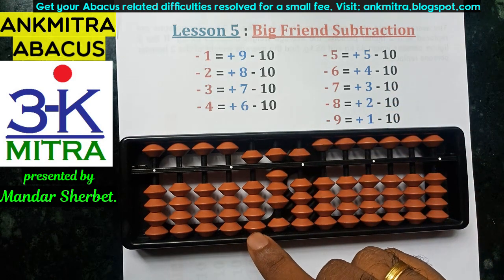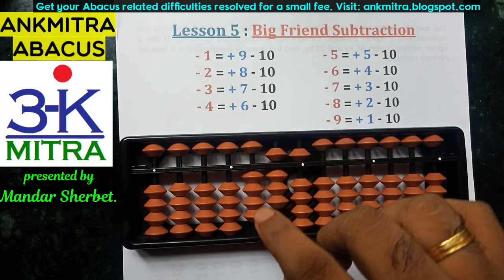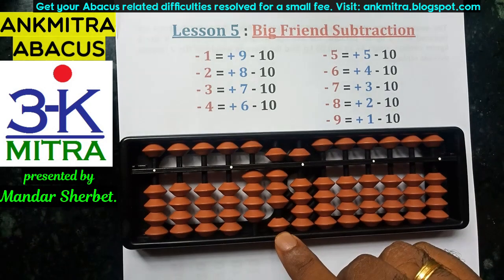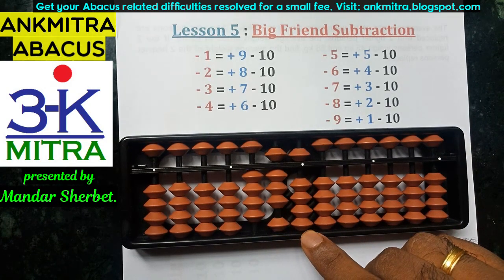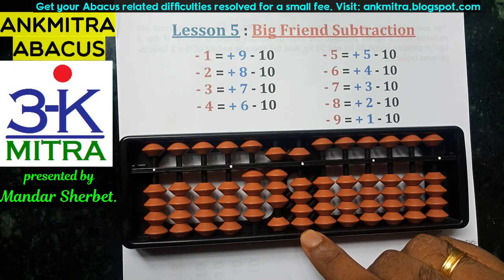For doing minus 10 on this particular rod, I don't have 1 bead available to subtract, but I can use the small friend formula of minus 1, which is plus 4 minus 5. Okay, so I finished the subtraction of 7 on the tens place rod. Now coming to the units place rod, I need to subtract 8 from this, since I was subtracting the number 78 from 555.